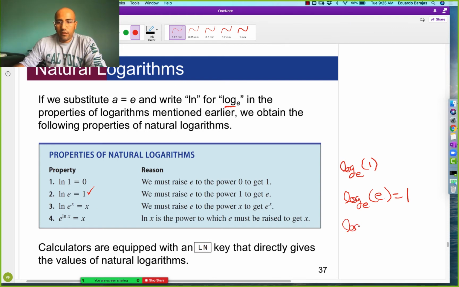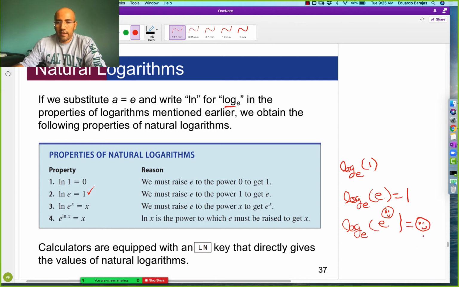If we have log base e of e to whatever power this is, let's make it a happy face. e to what power equals e to the happy face? That's what this is asking. Well, obviously, happy face. So whatever is in here must be a happy face as well.